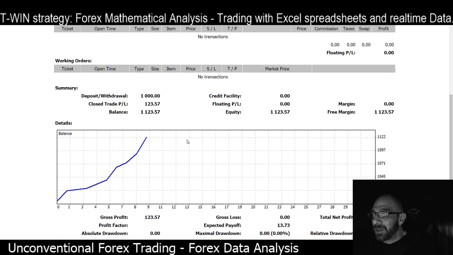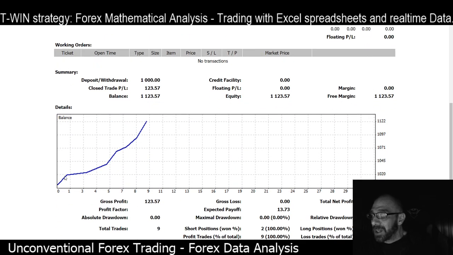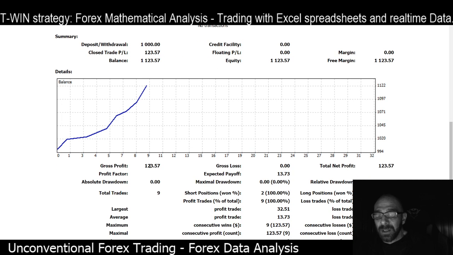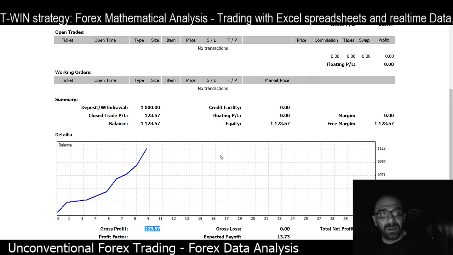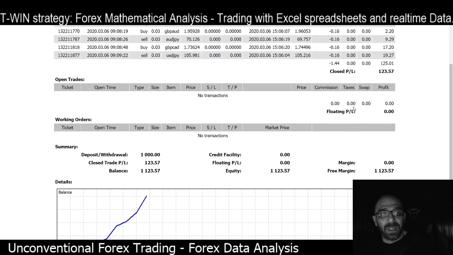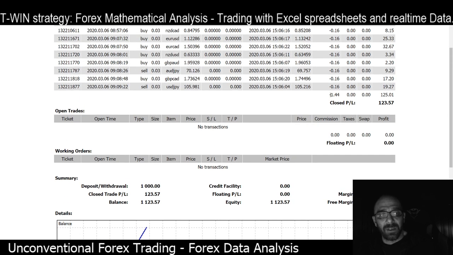So here is the result, which is really good in terms of profit, considering also that I got just one euro of commissions, €1.44 of commissions.